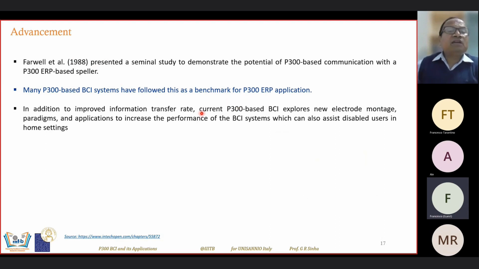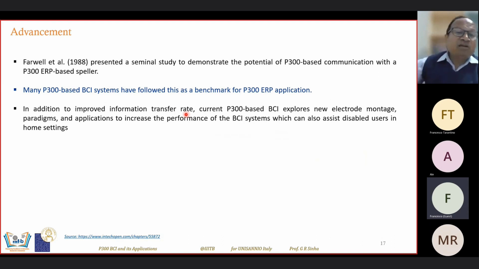In addition to that, there is a significant improvement in information transfer rate. Remember, in BCI, the information transfer rate is a crucial factor when you design a BCI.